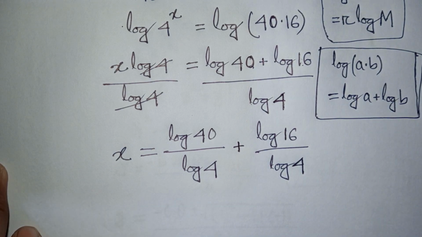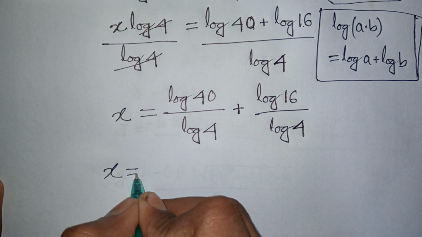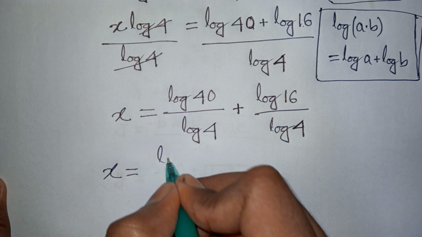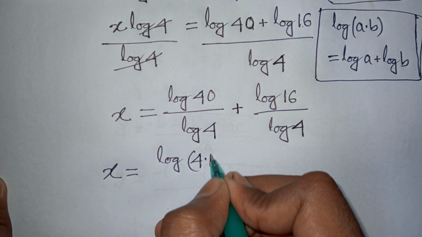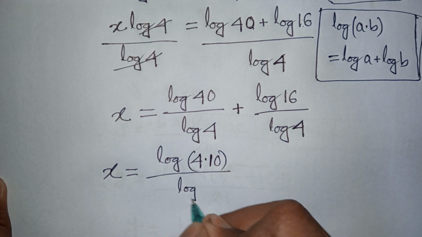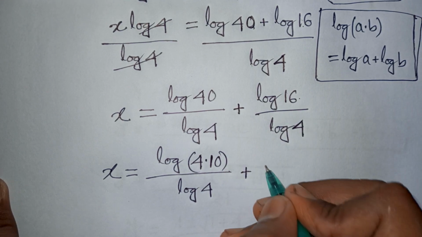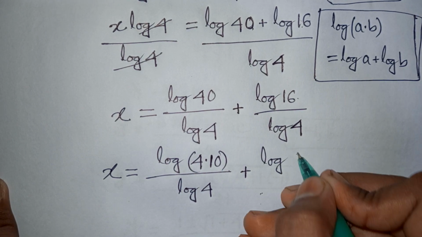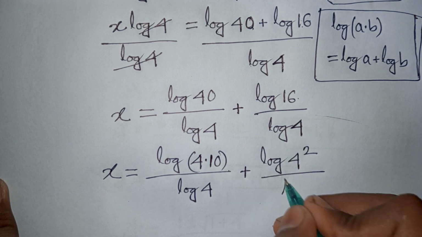In the next step, x is equal to log 40, which can be written as log of 4 times 10, over log 4, plus log 16, which is the same as log 4 power 2, over log 4.